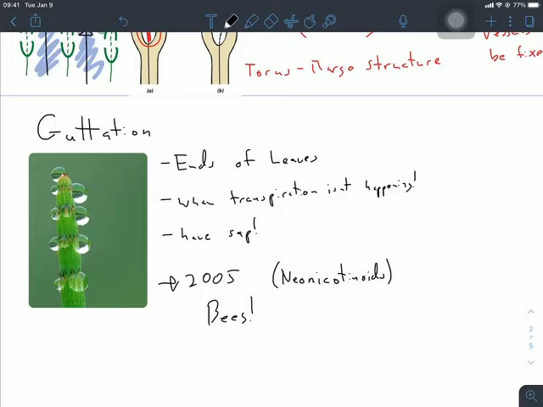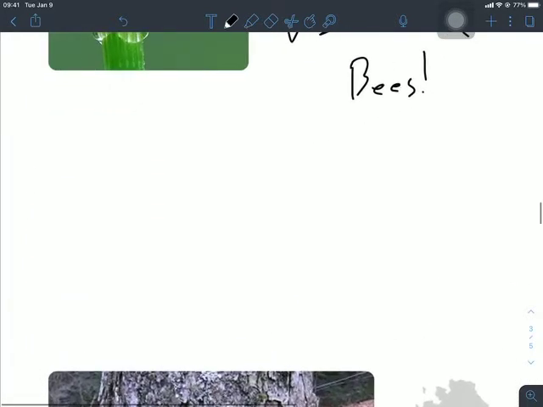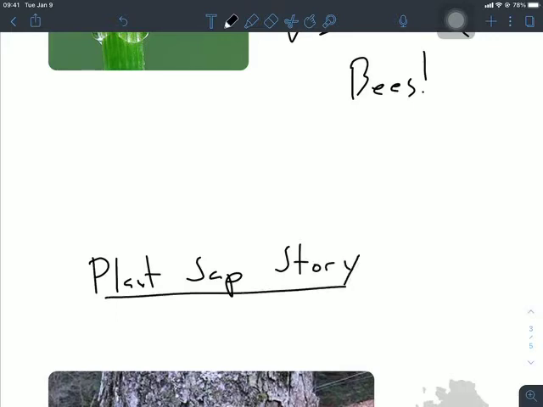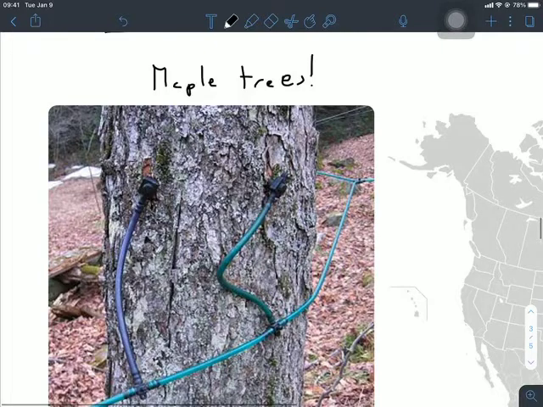While that's kind of a bummer in terms of one of the findings of our sap, I have another plant sap story that might be a more cheery one. And that, of course, is the very tasty sap story of maple trees. Most commonly the sugar maple, but you can tap other maple trees as well.